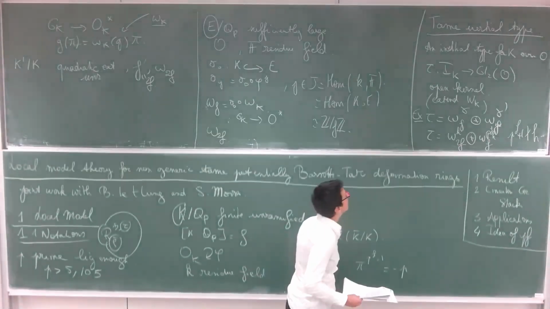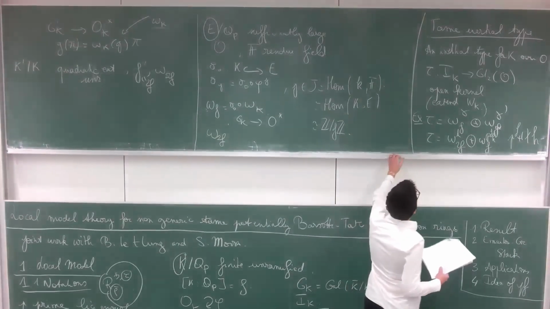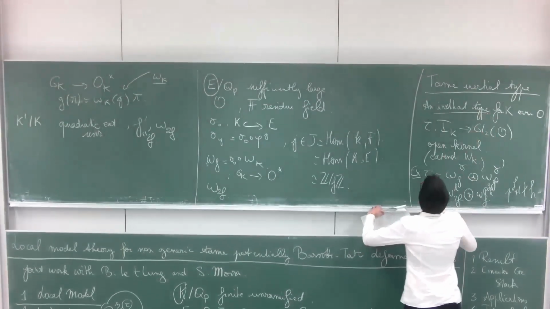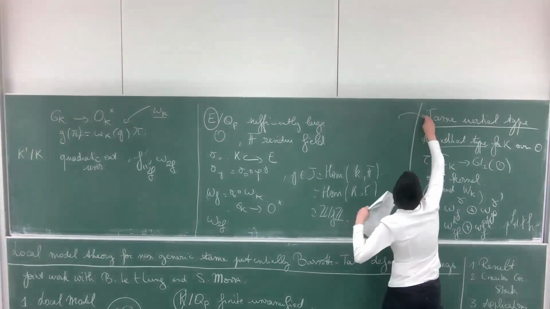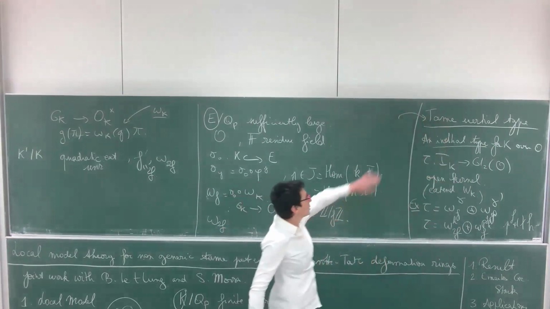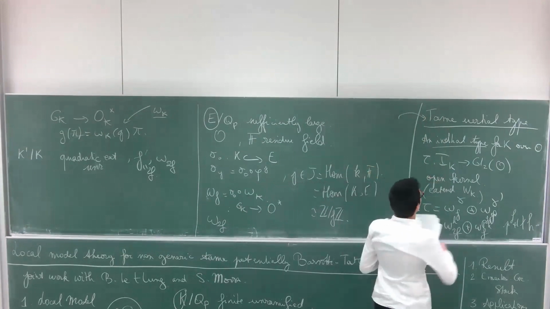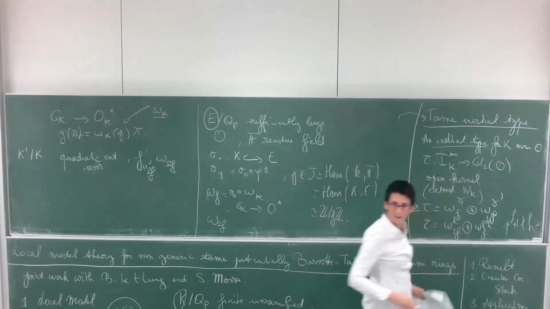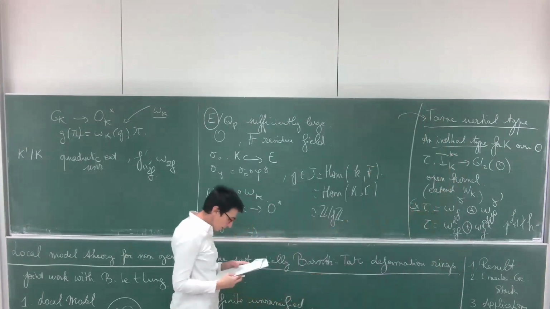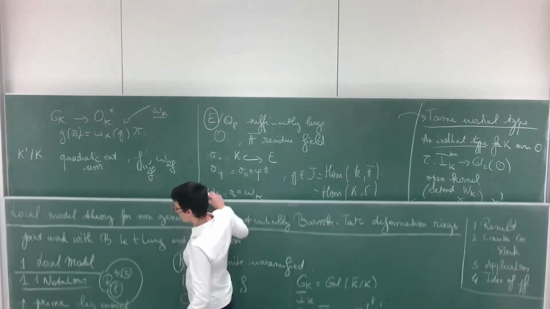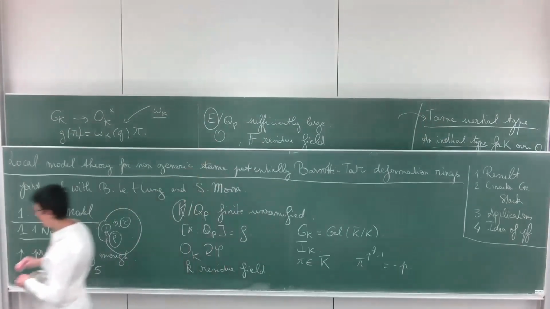I did not define what an inertia type was, or rather a tame inertia type. Tame means that they factorize through the tame inertia group.